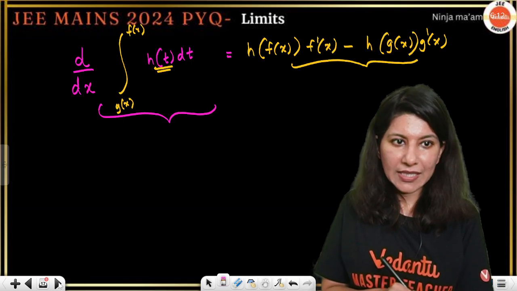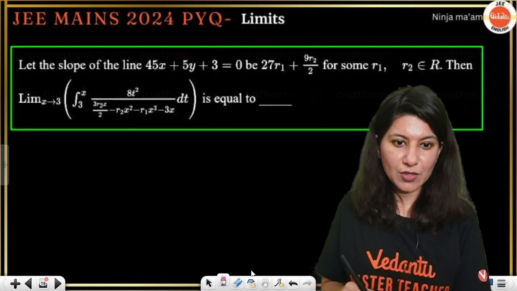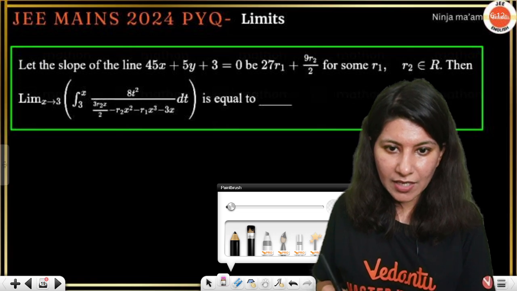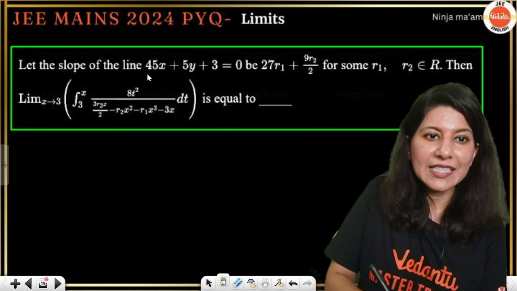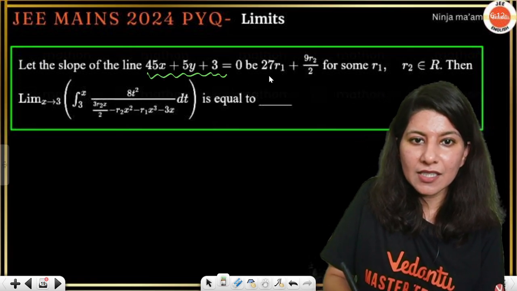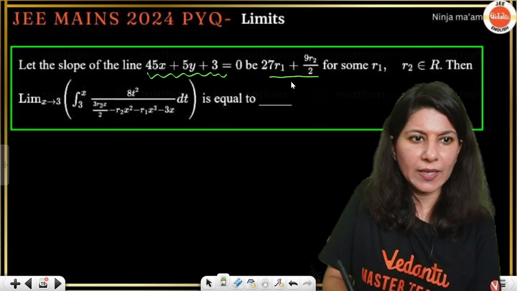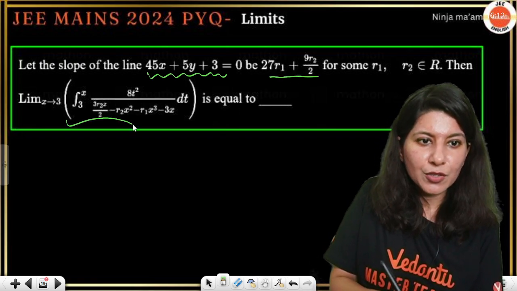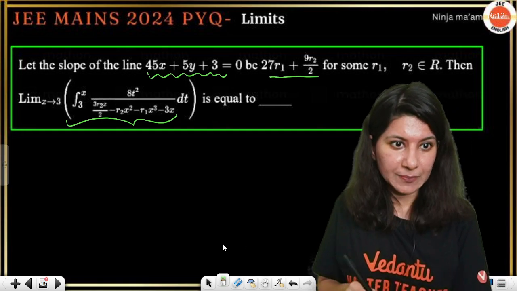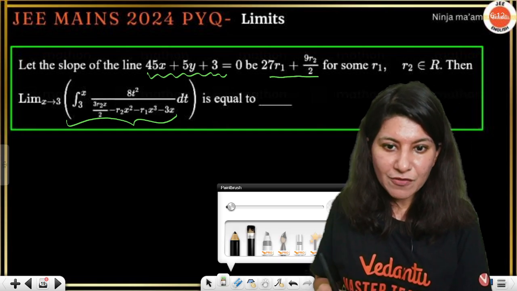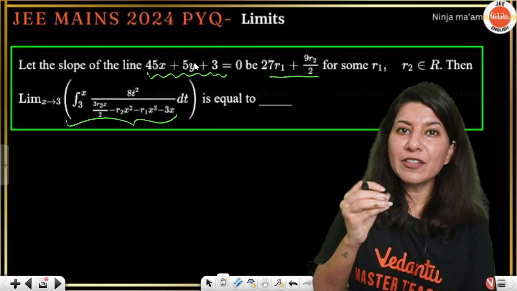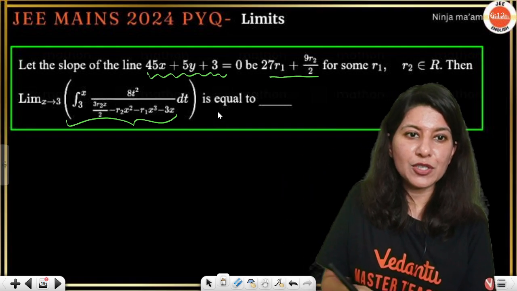Now let us quickly move towards the next question, which says the slope of this line is 27r1 plus 9r2 by 2. And here we are to look for this limit. First of all, let us just solve the first half of this question.